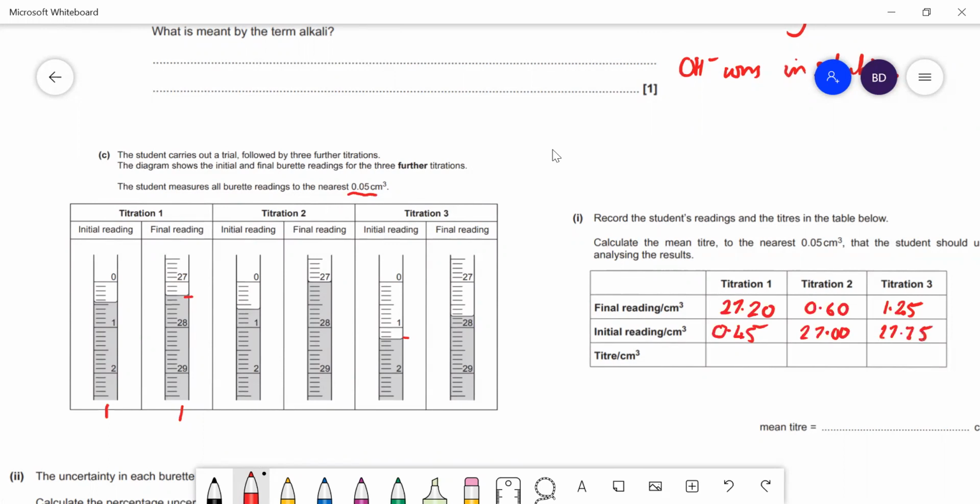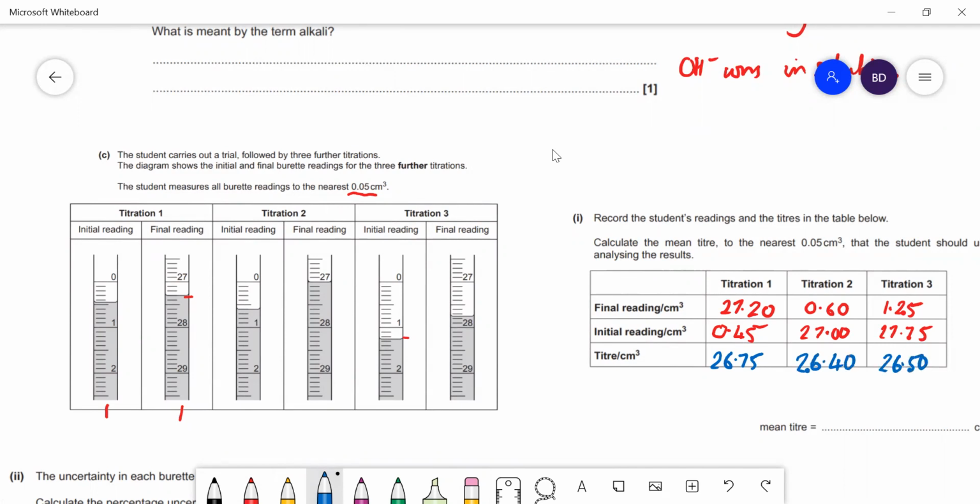Okay, so work out the titers there. By subtracting, we get 26.75, 26.4, and 26.50.